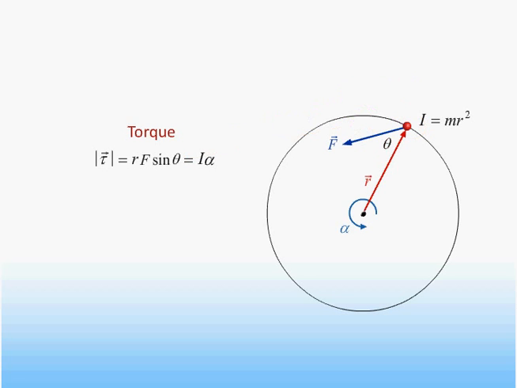If we consider the line connecting the rotation axis to the force as a vector, then the magnitude of the torque is given by the magnitude of the vector F times the magnitude of the vector R times the sine of the angle between them. We write it in this way because there is a mathematical construct called the cross product that has exactly this same property.